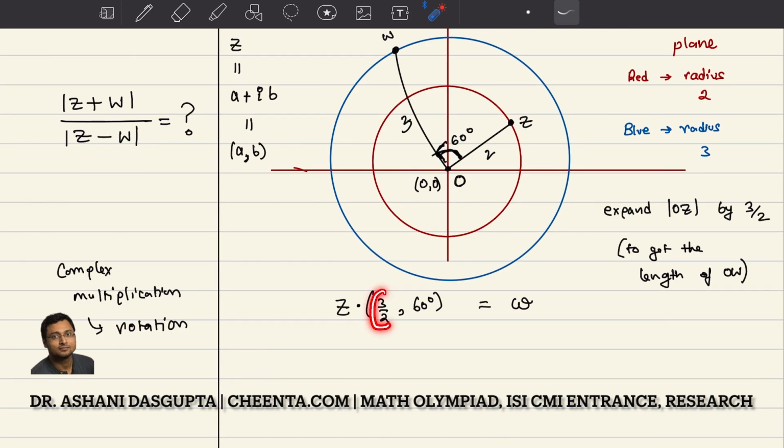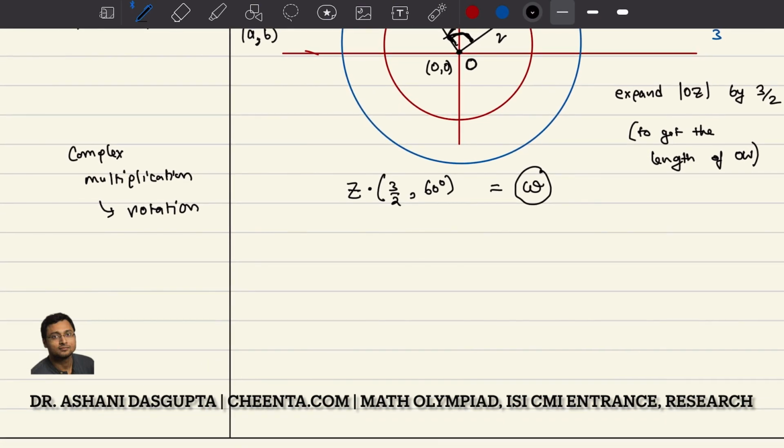It would expand the length of OZ by 3 by 2 times, and it will rotate the complex number z by 60 degrees about the origin. So you get this expression for w.